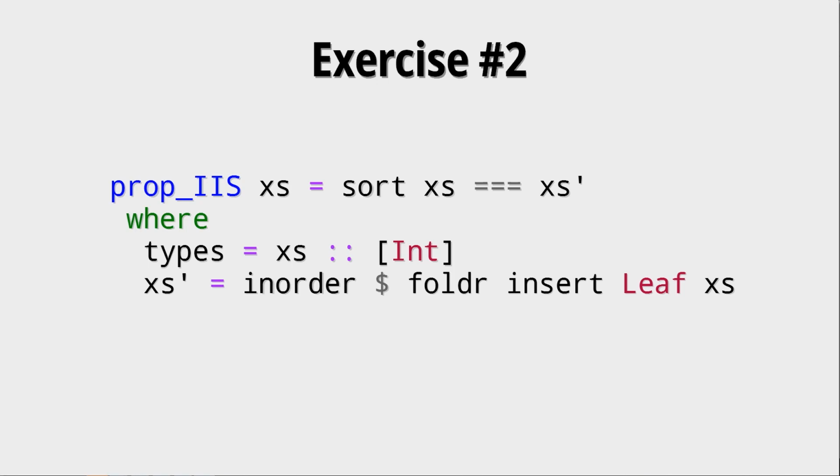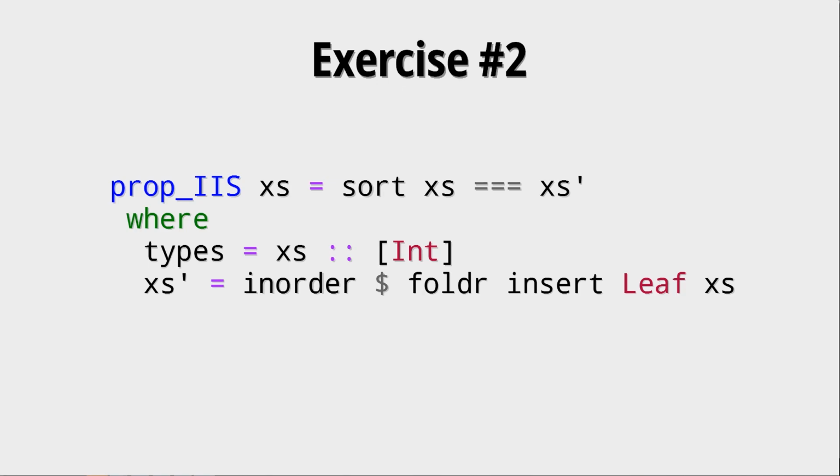Okay, so what we check here is that the sorted list of xs equals xs', and xs' is the in-order traversal of a tree which is built like this: foldr insert Leaf xs. So what's happening here? Well, insert actually works perfectly in a folding context, where the tree we spit out is the accumulator, and the value we want to insert is the element that fold provides from the list.